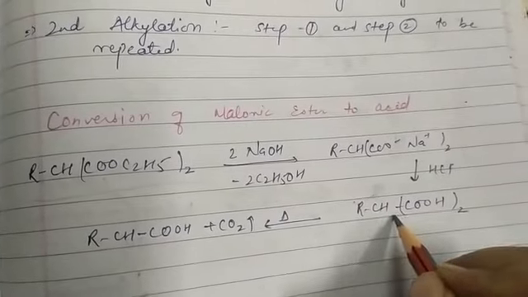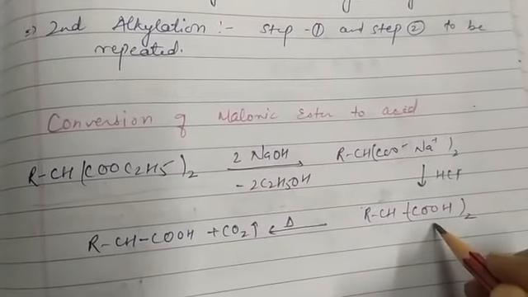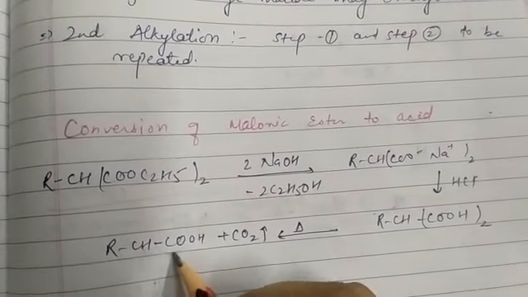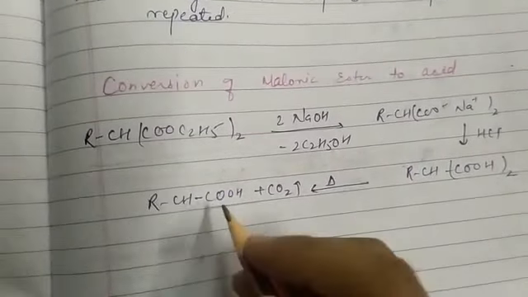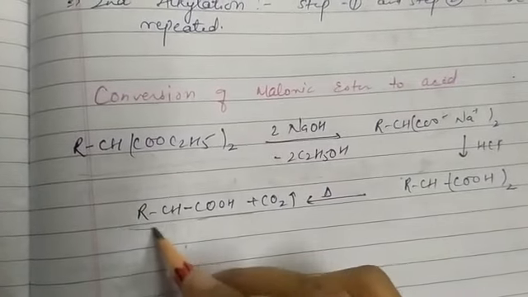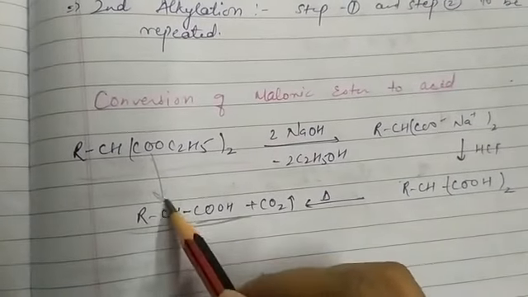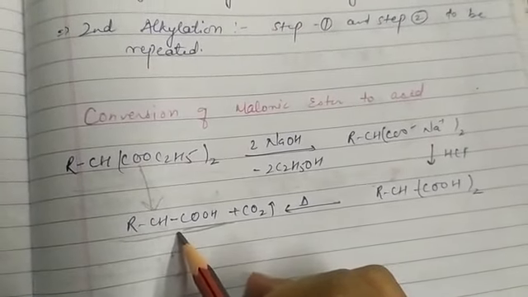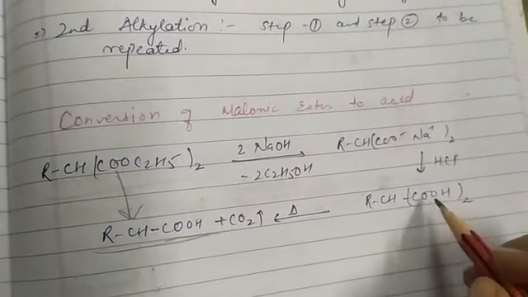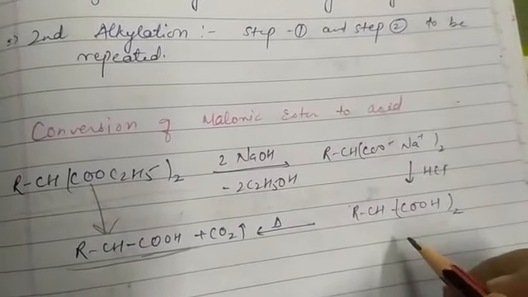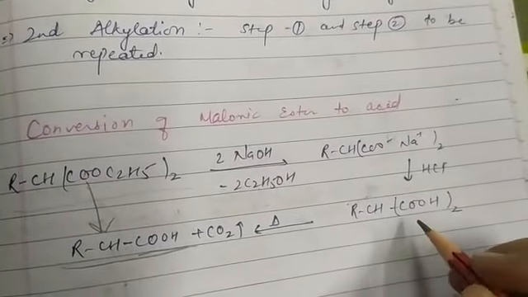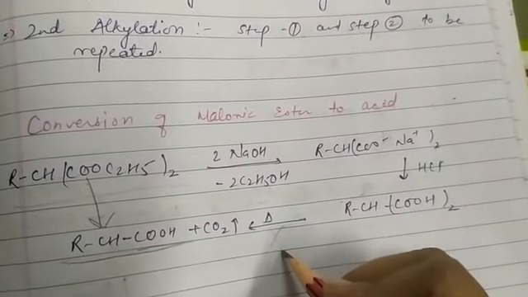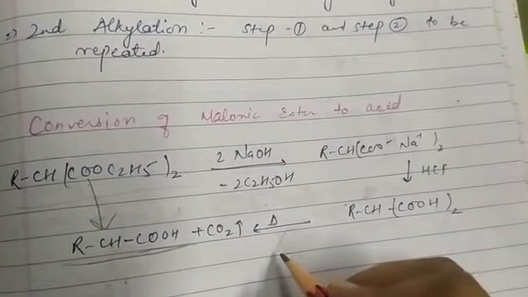And when this dicarboxylic acid is heated, then one of the carboxylic acid groups is removed as carbon dioxide gas, and only one carboxylic group is left behind, and this is how the malonic ester is converted to the monoacid. And if you want to get dicarboxylic acid, then this heating step need not be carried out.